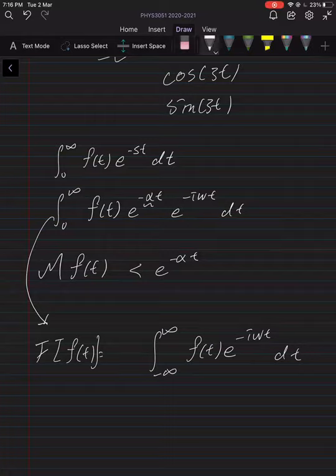So that is the definition of the Fourier transform. It's basically a slice of the Laplace transform obtained by having alpha to be 0. But I think you will learn it in the next lecture notes, I guess.